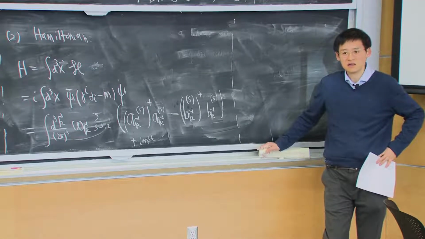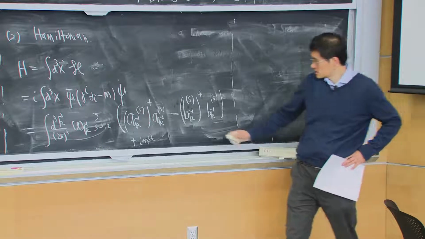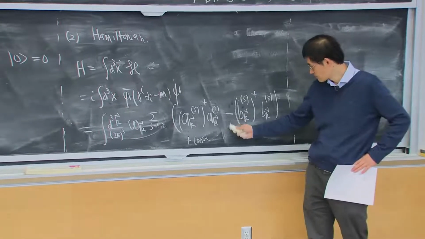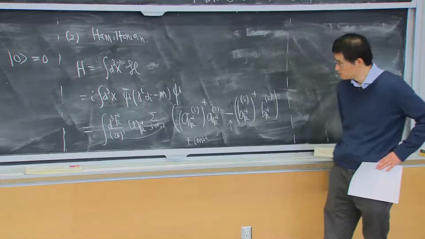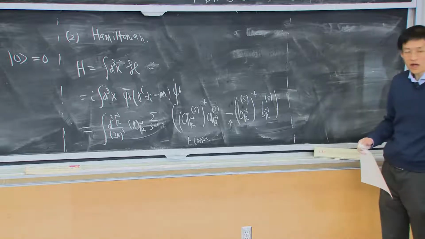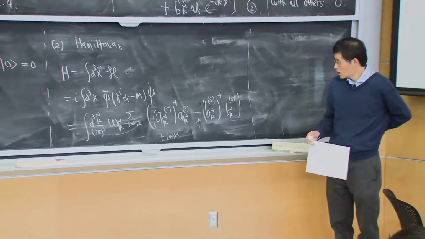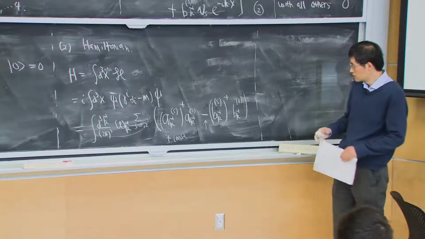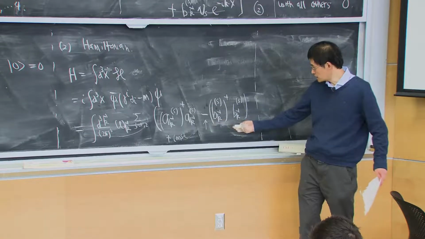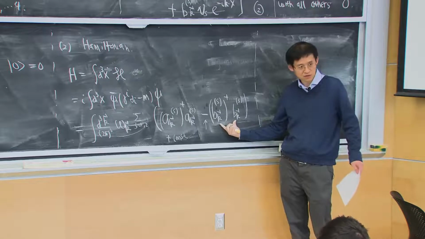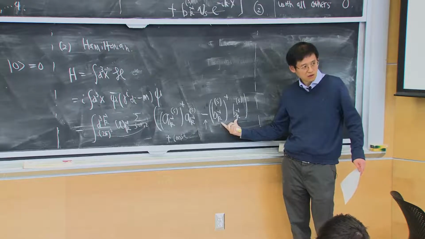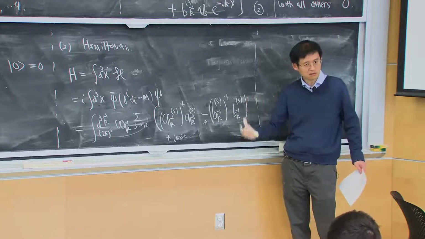Yes? Yeah, energy is not positive definite because of this minus sign. This minus sign tells you that if you excite a lot of these B particles, you can make the energy as negative as you want.